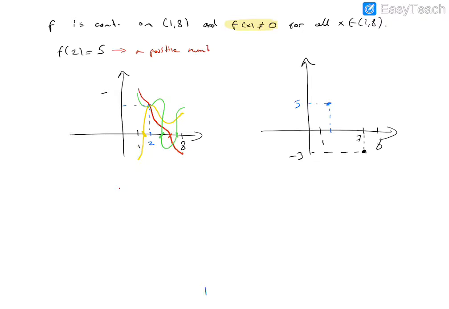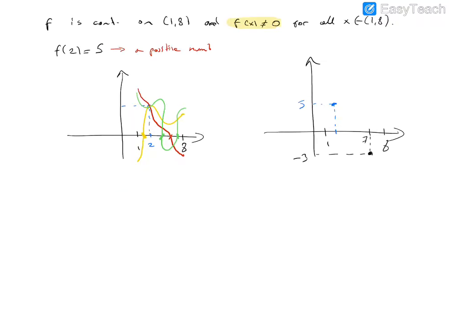So how would it be possible to join the point 2, 5, this point, and 7, minus 3 with the graph of a continuous function without crossing the x-axis? Actually, it is not possible. If you sketch the graph, maybe if there's a jump, then this is discontinuous.